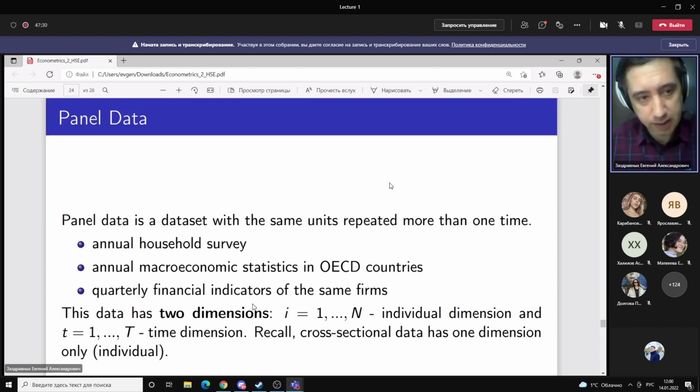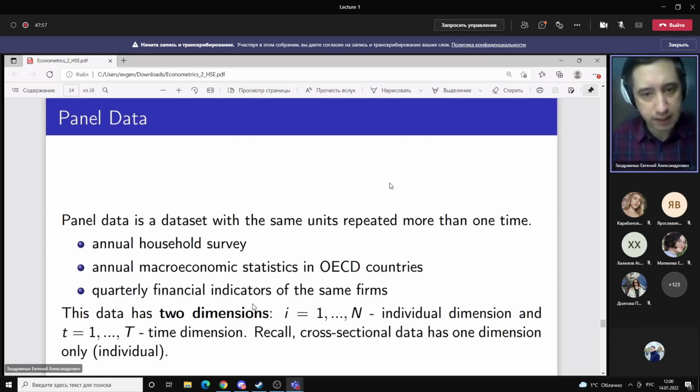Another example of panel data is the annual macroeconomic statistics in OECD countries. For example, I can collect information about GDP, unemployment, consumer price index among OECD countries from the year 2000 to 2012. In this case, I observe the same country over time, hence I work with panel data.